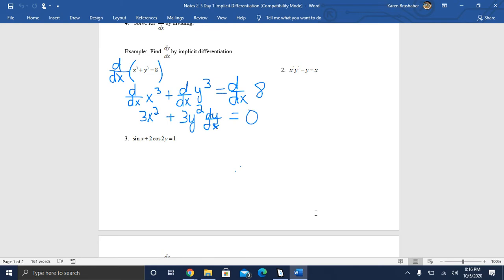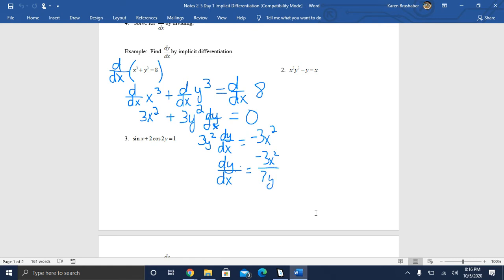And then your goal is to get the dy dx by itself. So you could subtract 3x squared from both sides. We'd have 3y squared dy dx equals negative 3x squared. And then we can divide both sides by 3y squared because our goal is to get dy dx equals. So dy dx equals negative 3x squared over 3y squared.